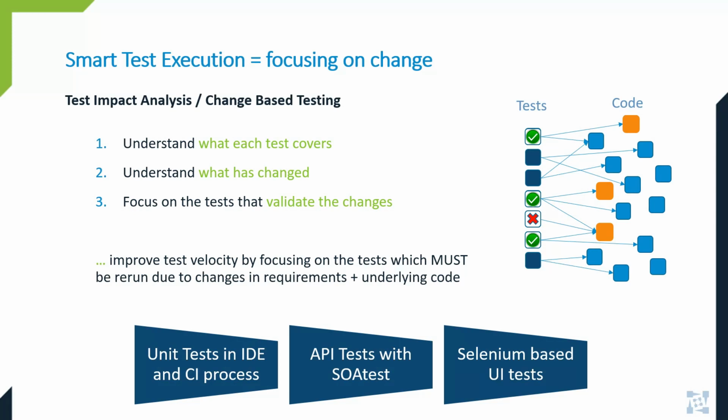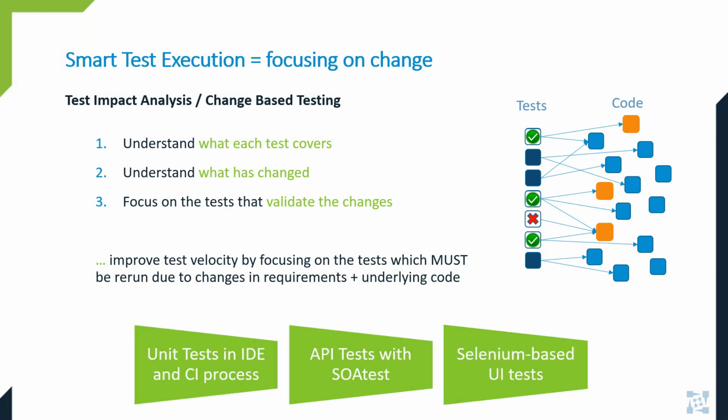So if you like the approach of running a subset of your tests, then you can use the same logic for API testing and UI testing as well. But today the focus is on unit testing and showing you how this would integrate within the CI/CD pipeline.